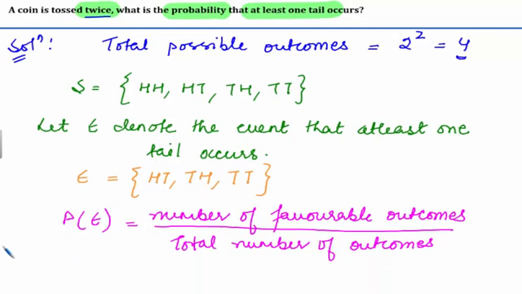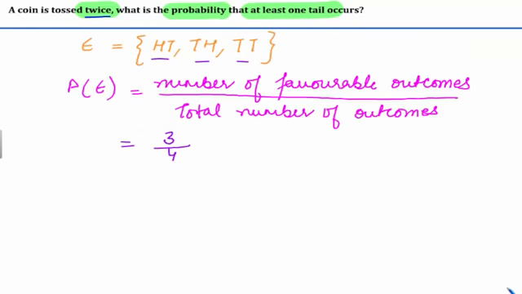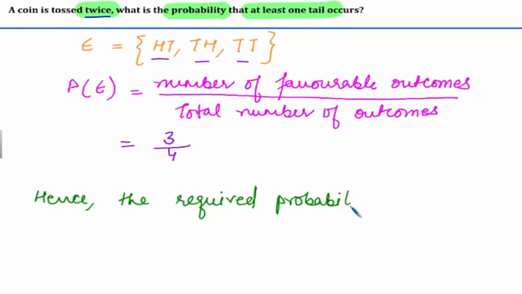Now here, the number of favorable outcomes are 3 and the total number of outcomes are 4. Hence, the required probability is 3 upon 4. This completes the solution.